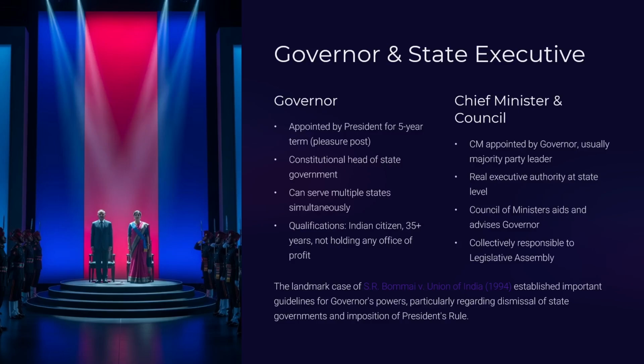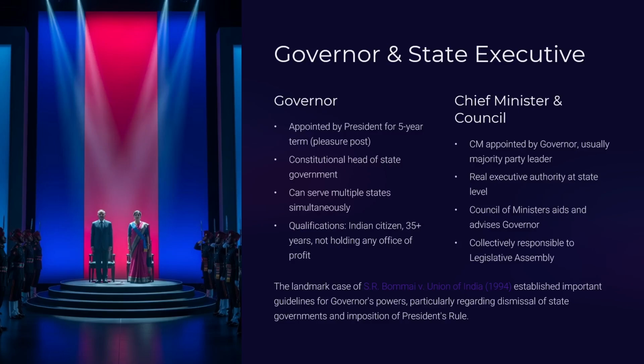Then it comes to the Chief Minister and Council. The Chief Minister is appointed by the Governor, usually the majority party leader, and is the real executive authority at the state level. The Council of Ministers helps and advises the Governor and is collectively responsible to the Legislative Assembly.